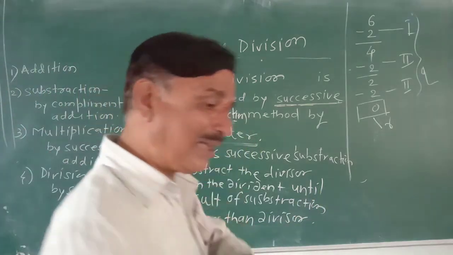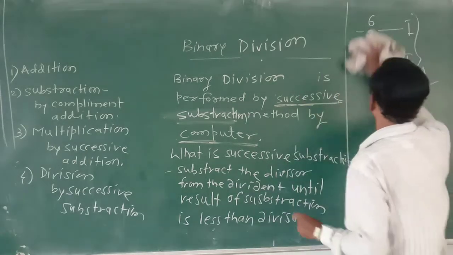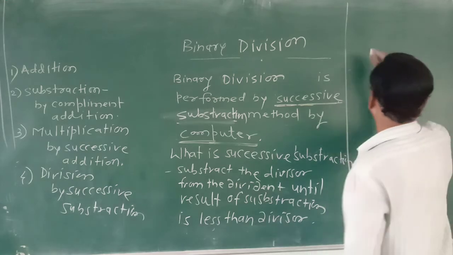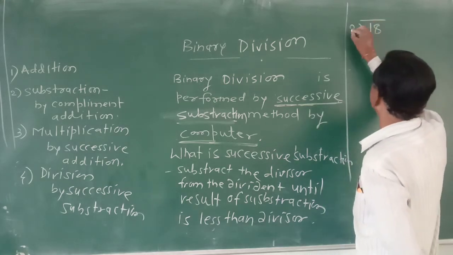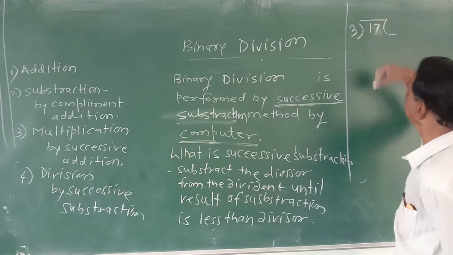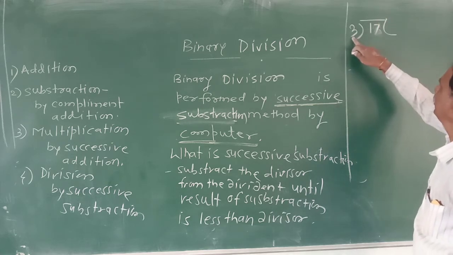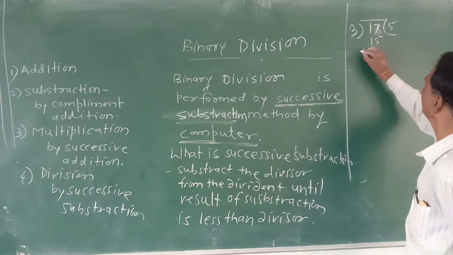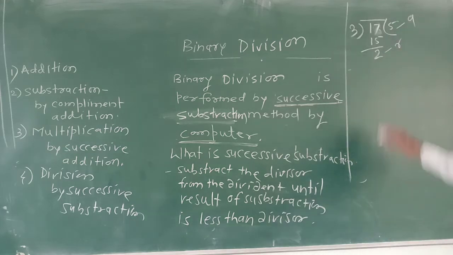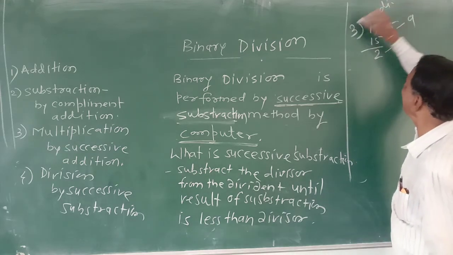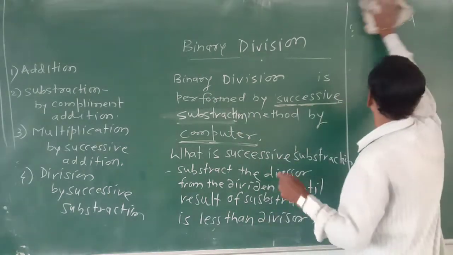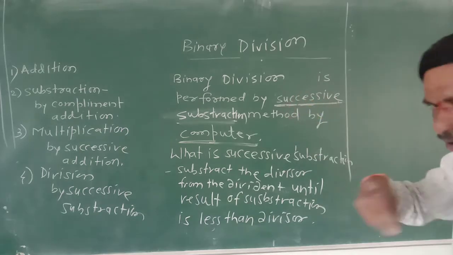So once again we will see the example. 18 by 3, or 17 by 3, suppose. 15. So quotient is 5, remainder is 2. Dividend, divisor. This was the traditional method. Now let us see successive subtraction.